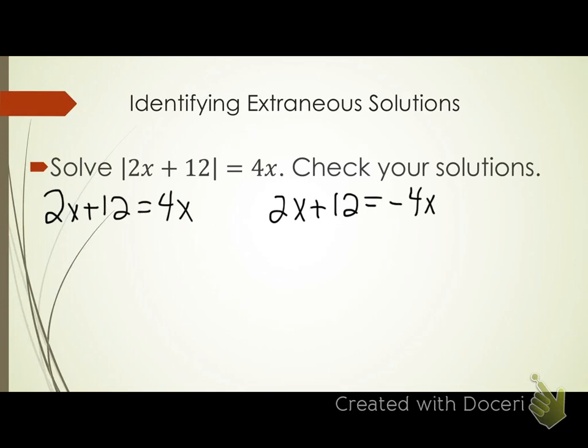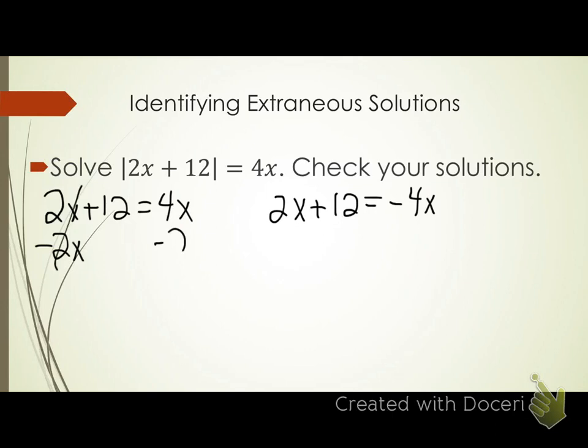Okay, looking at the left equation, what would be my first step here? Not quite. Think about the past 2 days with our equations with variables on both sides. I can't combine them yet because they're not on the same side of the equation. Subtract 2x. I want to get my variables to the same side of the equation.